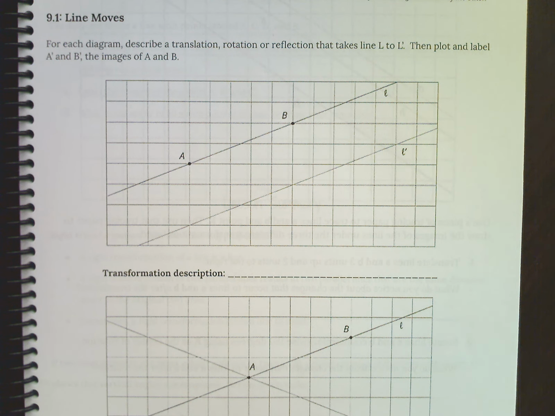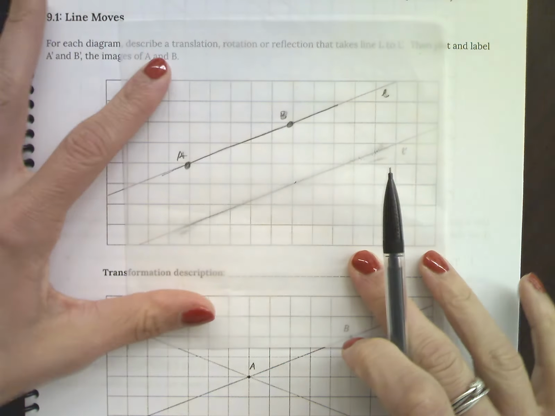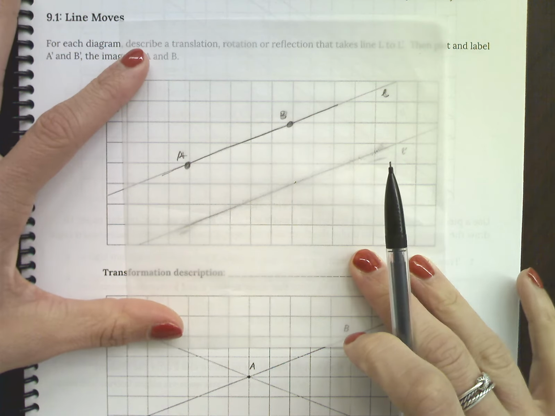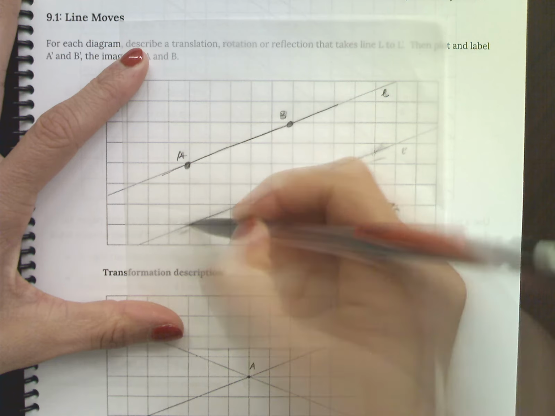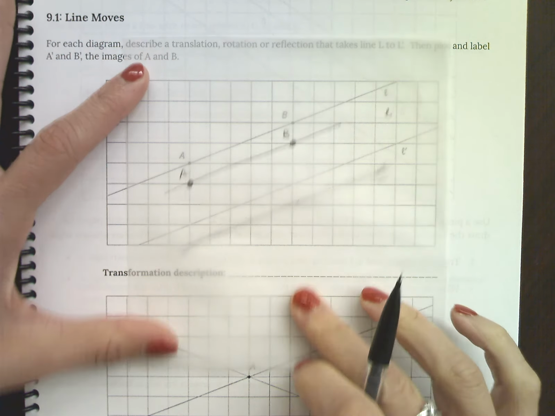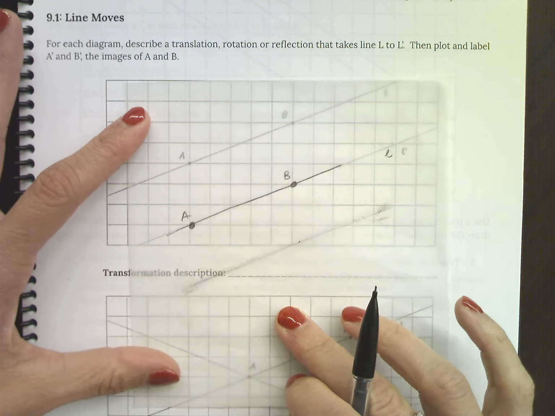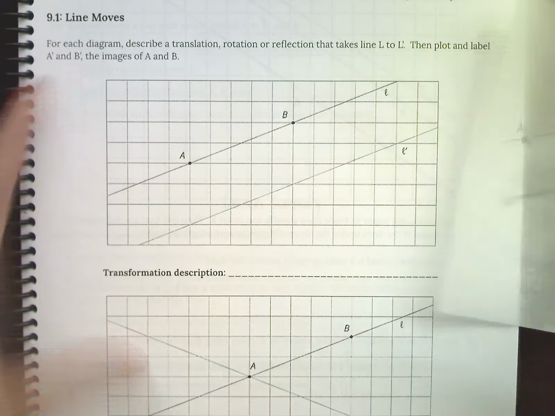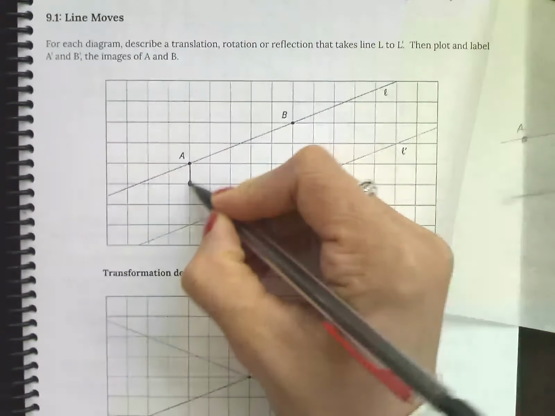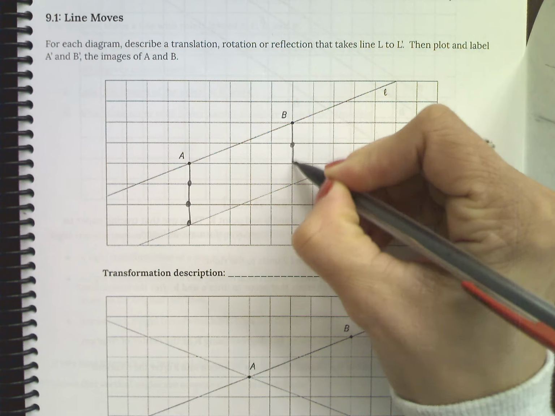So I'm going to grab my patty paper, which I drew the first line on, and I'm going to take A down to right here. It slid down 1, 2, 3 units, and it lines up perfectly, A and B. You could have even counted 1, 2, 3 units for both of them.